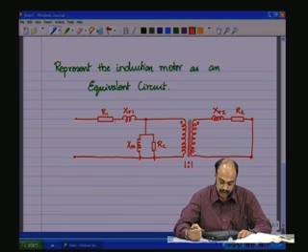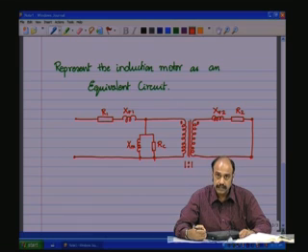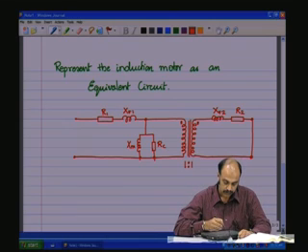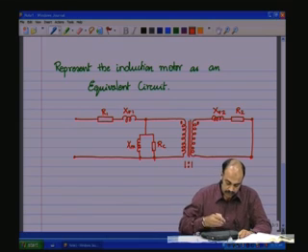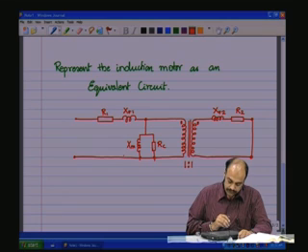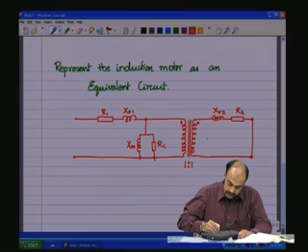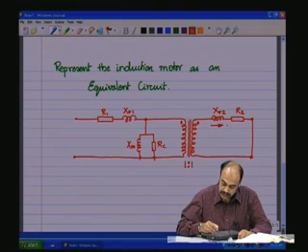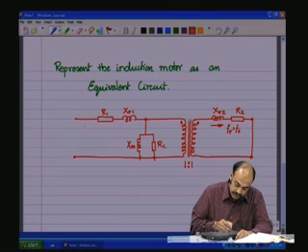Now all these things are put together in this form, and this looks exactly like that of a transformer. So now here, if you look at the currents flowing in this, the frequency of the currents and the voltages here is the same as Fr is equal to Fs, whatever the source frequency we are applying here.